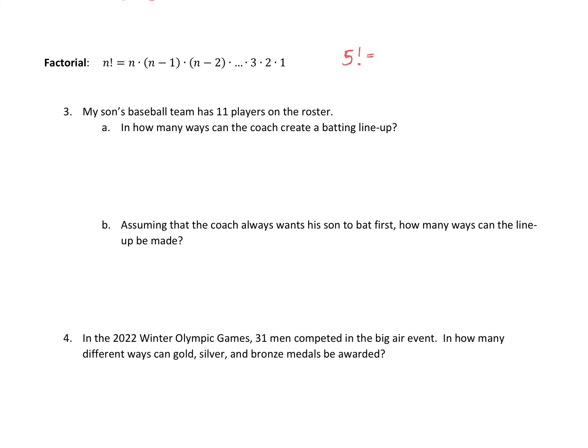What this means is you're multiplying 5 times 4 times 3 times 2 times 1. So you're decreasing by 1 each time, and you're multiplying all the way down until you get to 1. And when you actually do that multiplication, you get your answer, so 120.